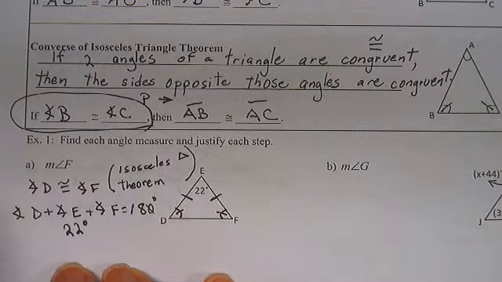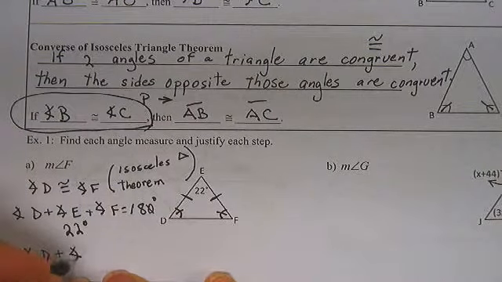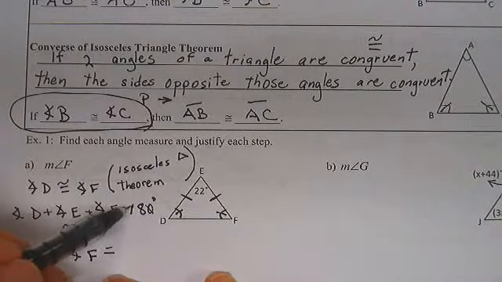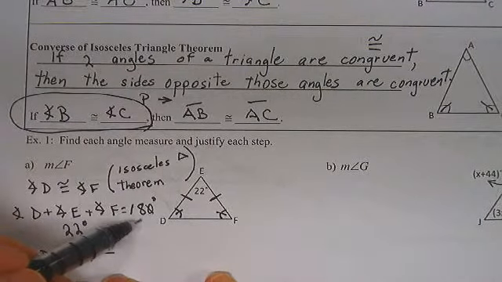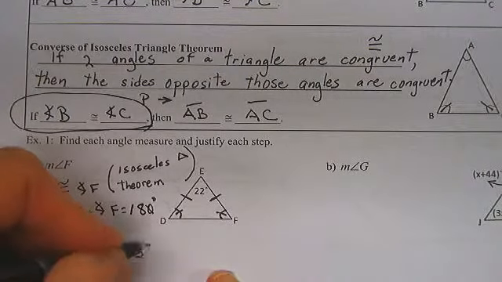If we subtract 22 from both sides, angle D plus angle F equal 180 minus 22. That should probably be 158.